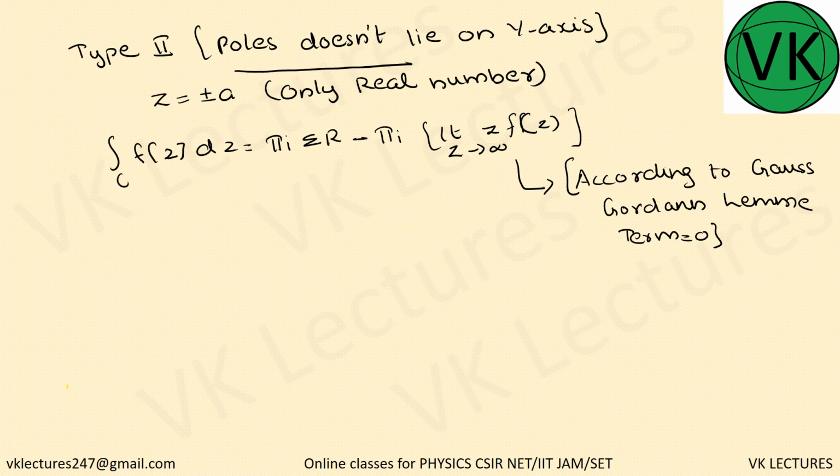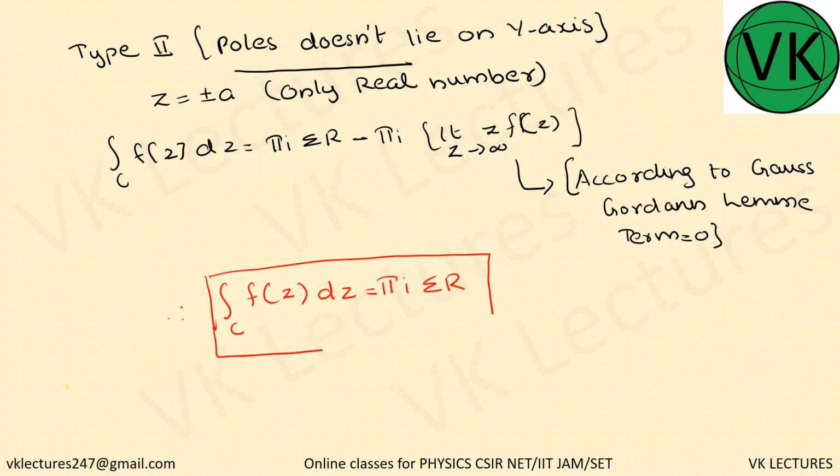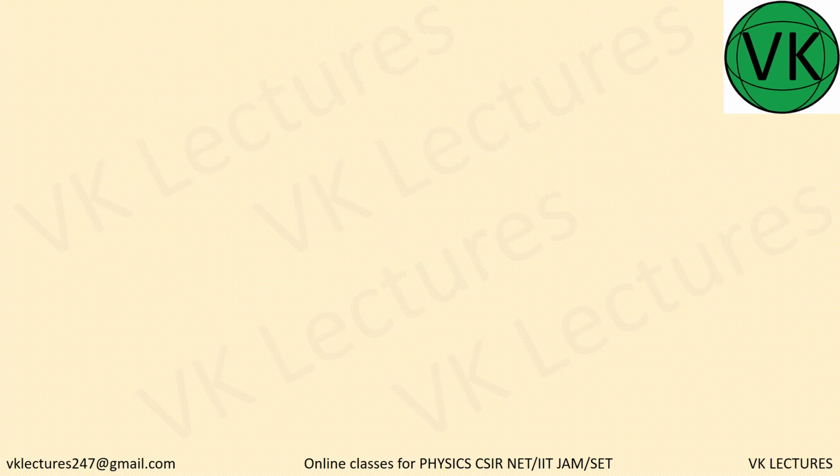Therefore the integral over c f of z dz is equal to pi i summation over residue if the poles don't lie on the y-axis. So now problems based on this.